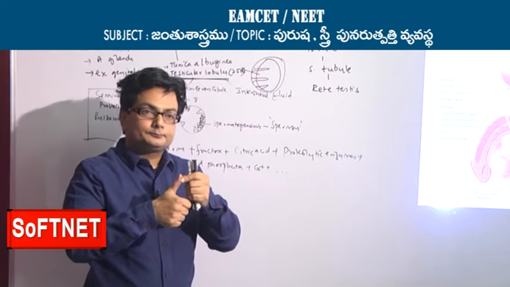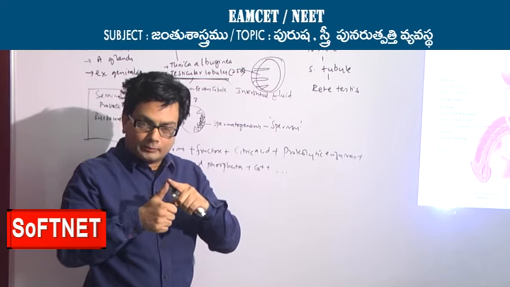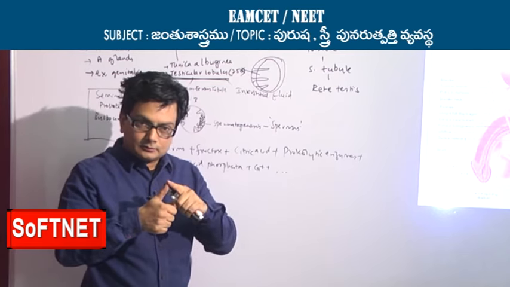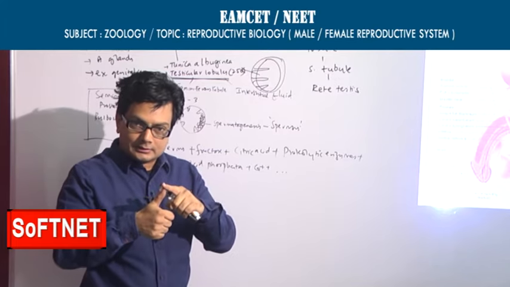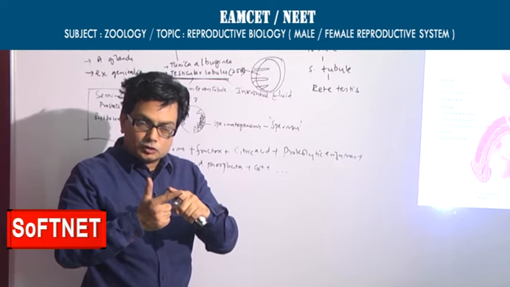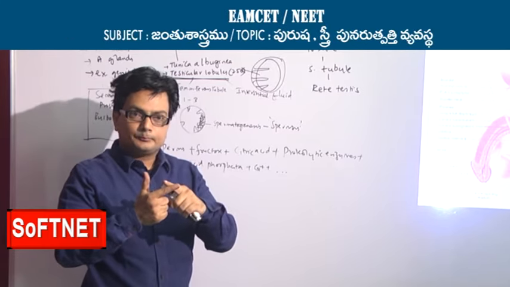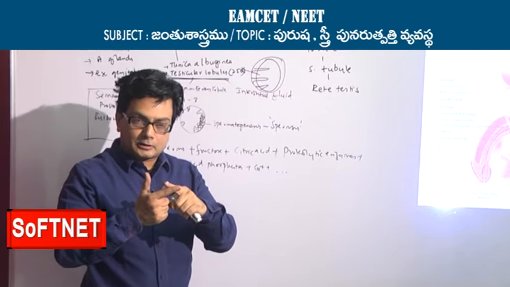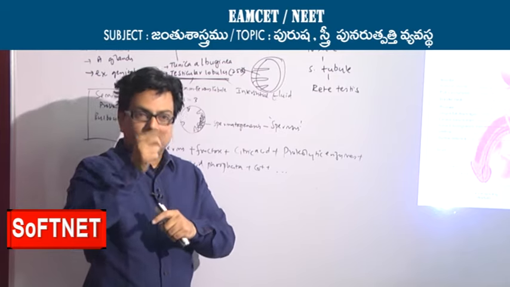The first one, testis: recall extra-abdominal testis in the scrotum, with temperature lesser than the body, and the seminiferous tubules, Sertoli cells and germ cells, which produce the sperms by spermatogenesis.